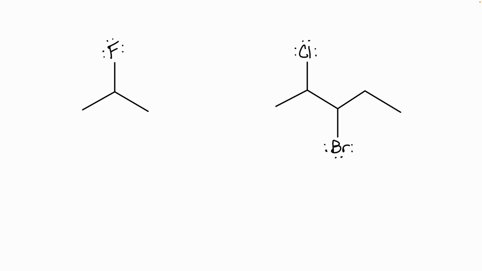All right, as always, I'm going to find my parent chain, my longest continuous set of carbons. All right, so my parent chain here is a propane. And alkyl halides are kind of weird in that respect. They're very much so a different functional group than alkanes.